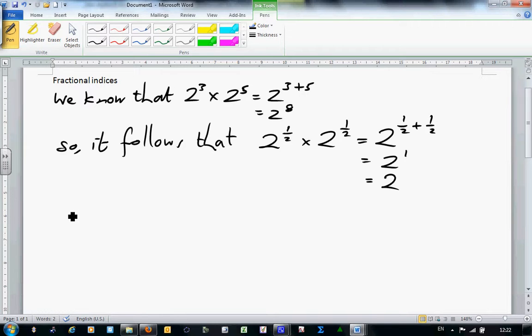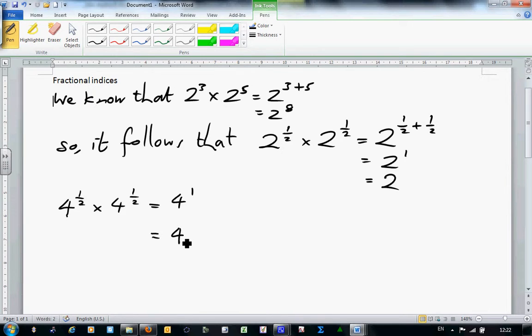What is 4 to the power of a half times 4 to the power of a half? It's 4 to the power of 1. What else can you think of that will give an answer of 4 but are both the same?